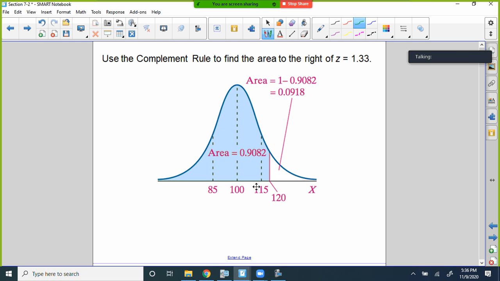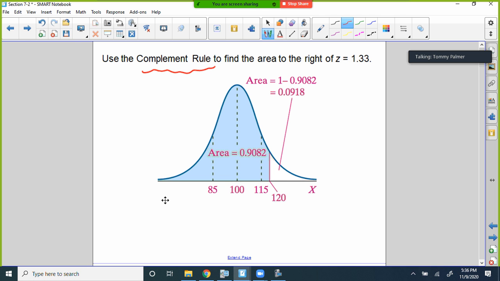So let's look at this one. Well, they graphed it. We're also going to look at how you find the complement, because they may give you percentiles. They may want the area above that, or the probability that it won't happen as compared to it will.